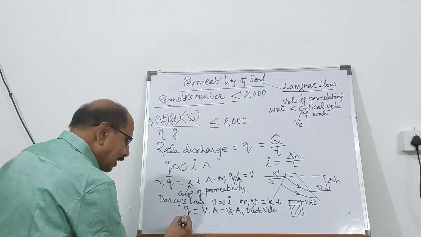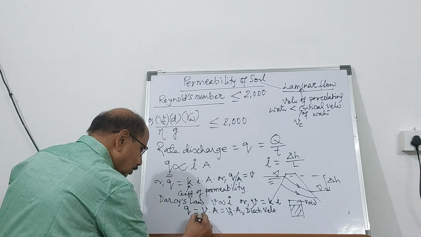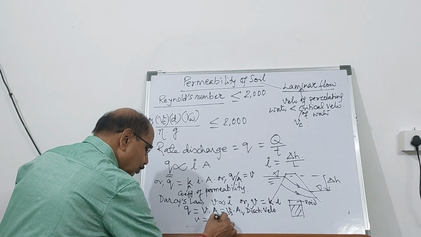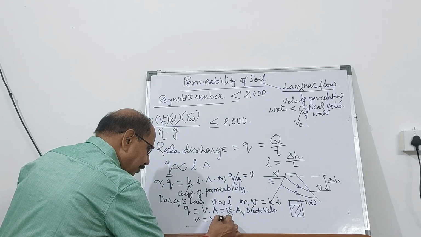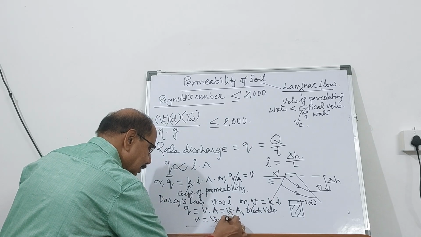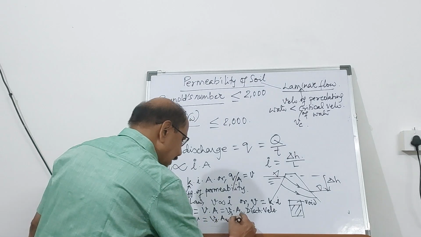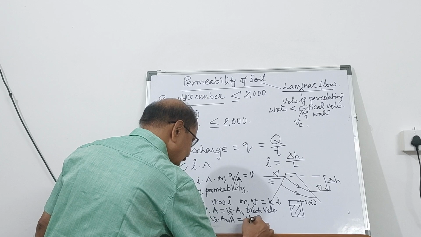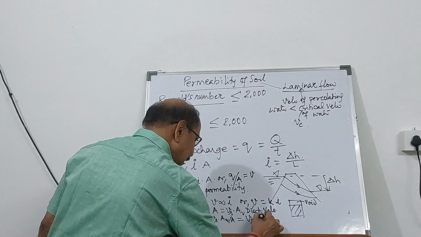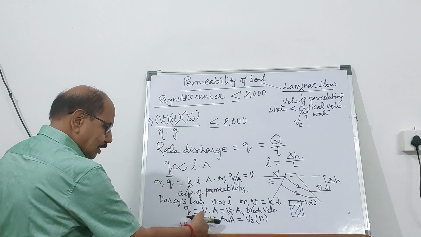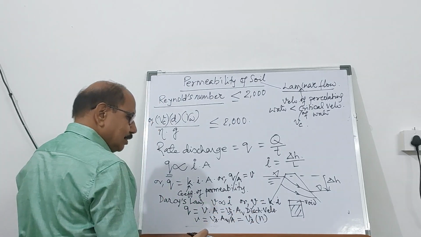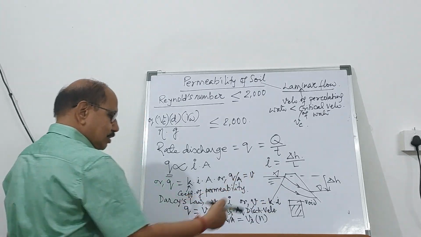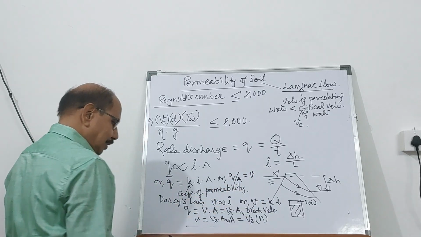Or we can say that V equals Vs into Av divided by A. Or we can say we know that seepage velocity multiplied by porosity, because cross-sectional area of the void divided by total cross-sectional area will be the porosity.